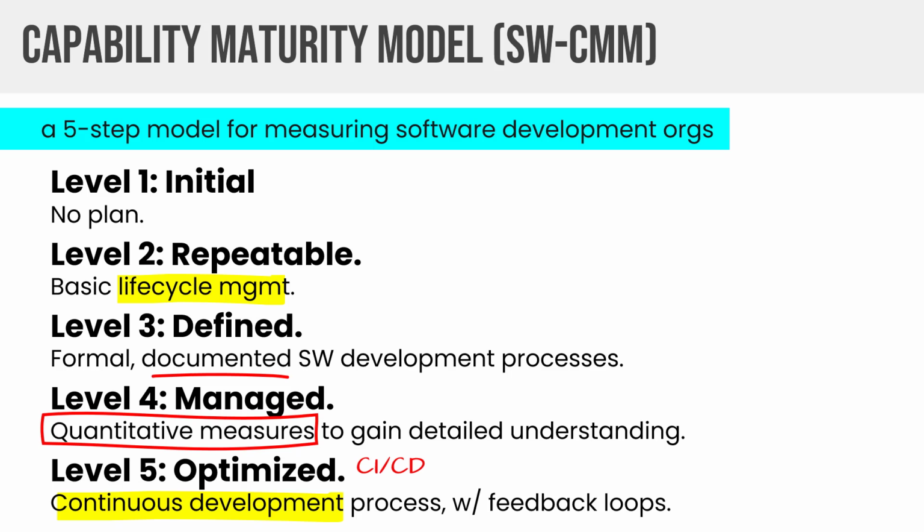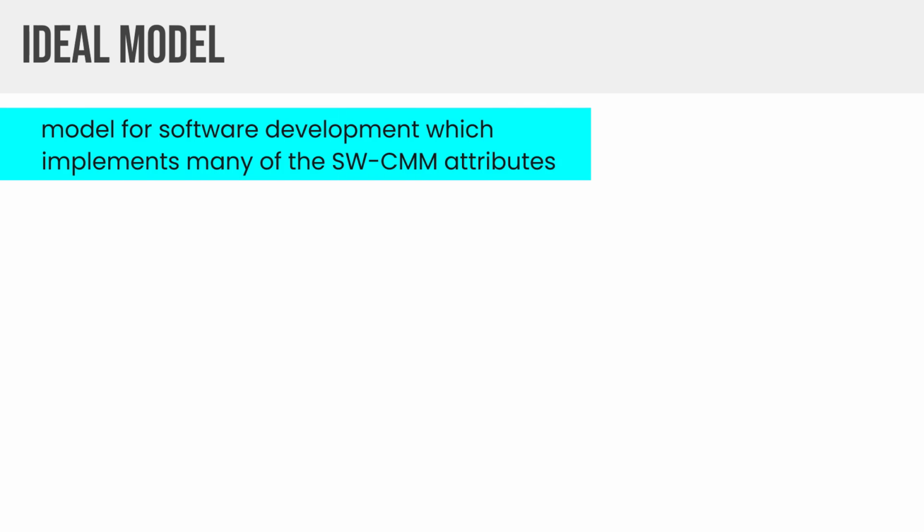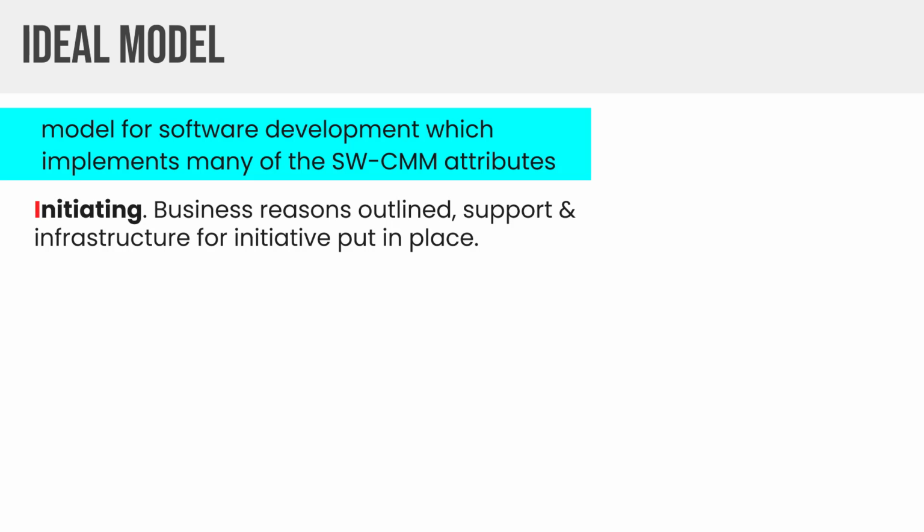I like to think of this in the world of DevOps. I would call this continuous integration, continuous deployment, continuous release it's sometimes called, but CI/CD. So this is where we have a high level of maturity and we can release software often and reliably. And then the IDEAL model is a model for development that implements many of the software capability maturity model.